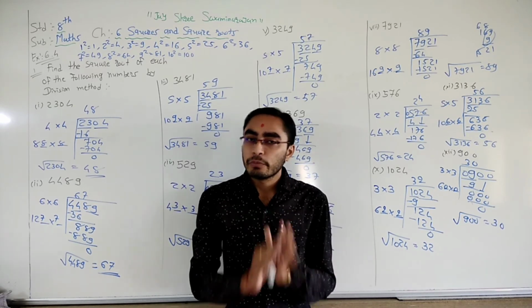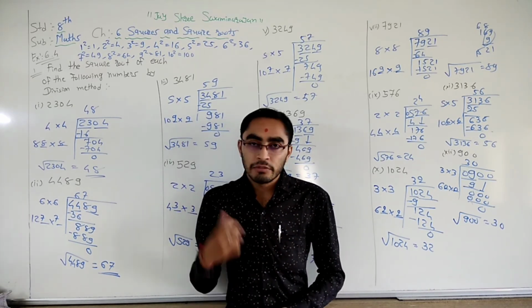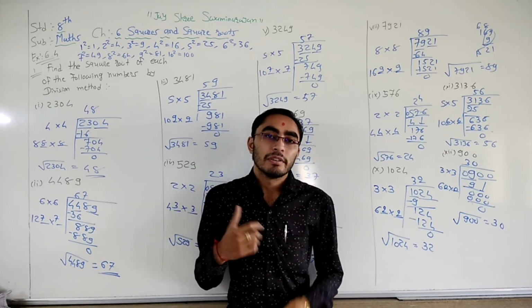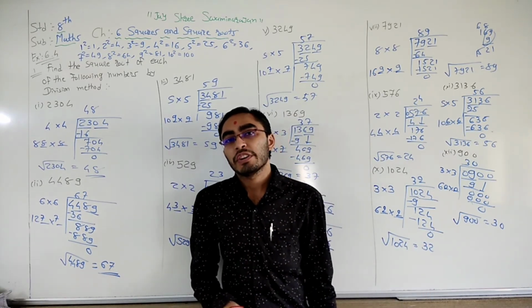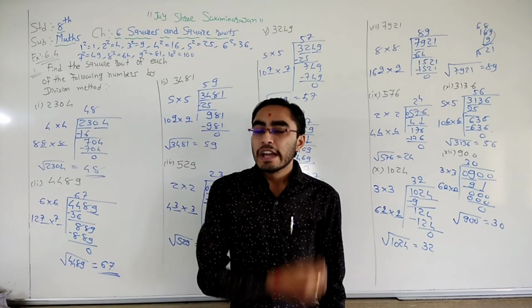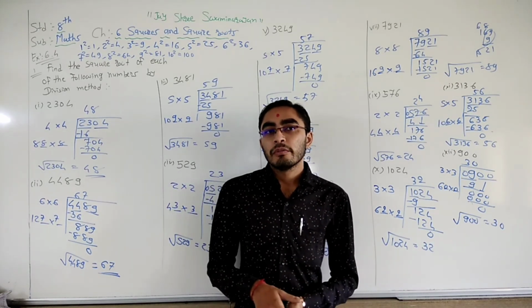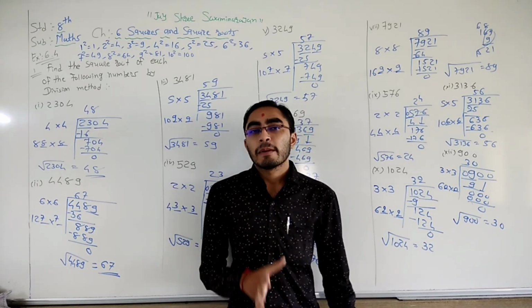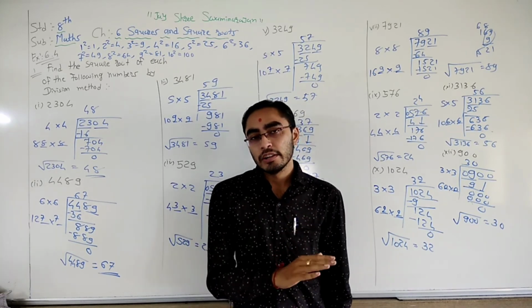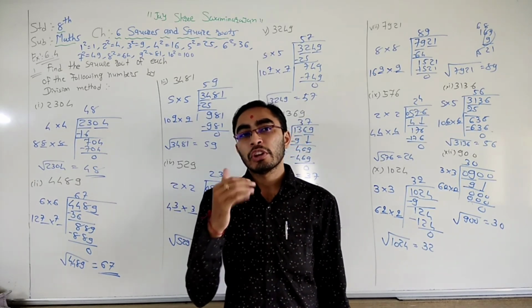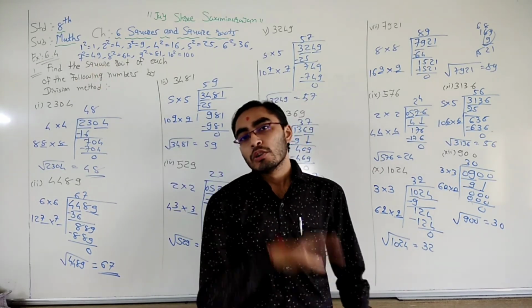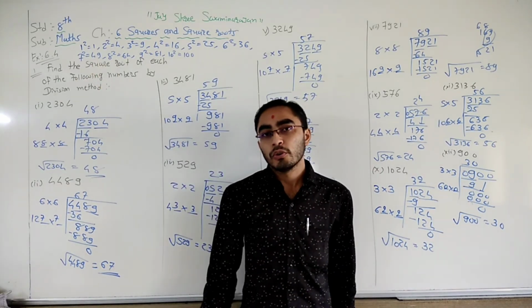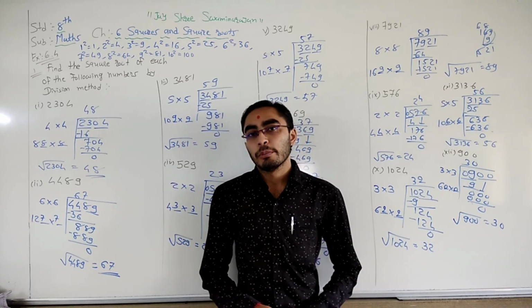That's why this method is very important, because it is the only method by which we can find the square root of non-perfect squares. Prime factorization, repeated subtraction, estimation, all these methods we can use only when perfect square numbers are there. But if perfect square numbers are not there, then we need to use the long division method to find the square root.